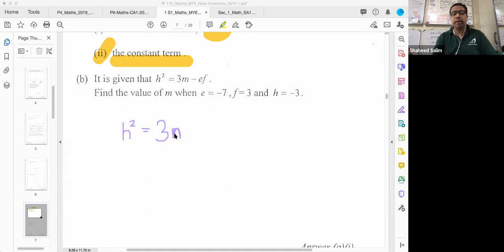Okay, this is M, right? Minus EF. So all those that you know, you change it to a bracket lah. Bracket, square. 3M minus bracket. So you put in the value. F down here, this F, right?